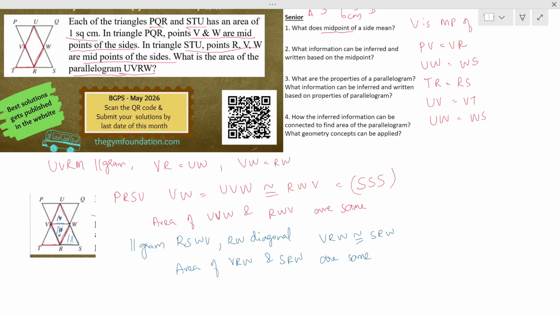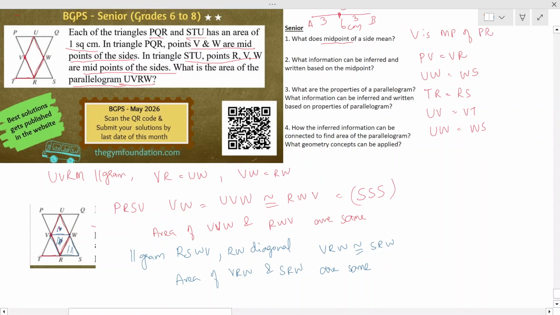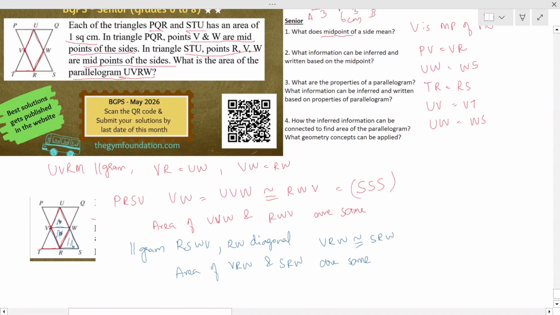So these three triangles are the same, and earlier we also concluded that some of the midpoints are the same. Based on that, we know that this triangle is congruent to this triangle. We can also apply the same parallelogram theory here, telling that this is a parallelogram that we are going to see.